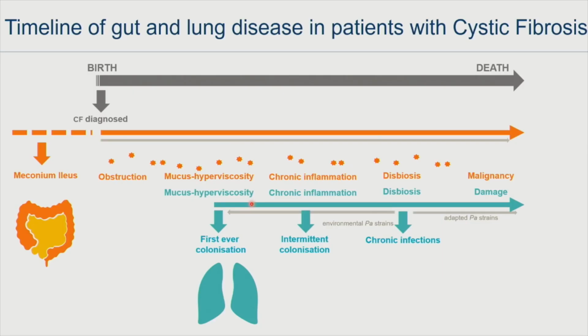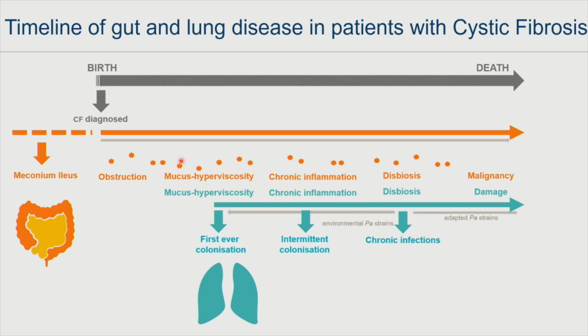My talk today is centered on gut and lung pathology. In the timeline of a cystic fibrosis patient, the gut pathology can begin even before birth with a condition known as meconium ileus. It progresses with several features, including obstruction, mucus hyperviscosity, chronic inflammation, dysbiosis, and can also lead to malignancies.